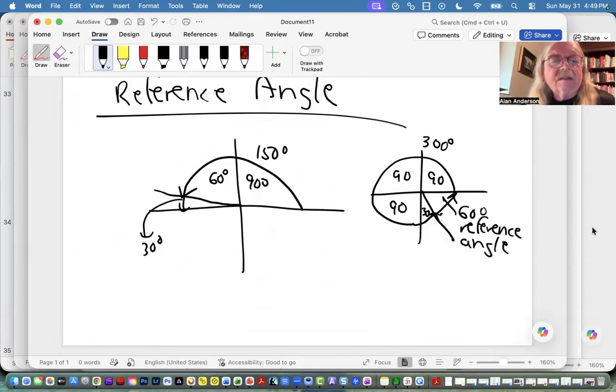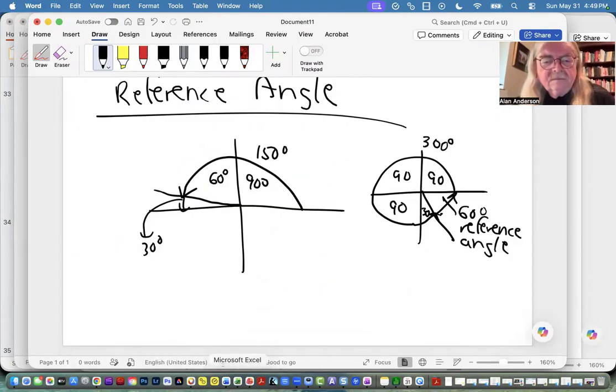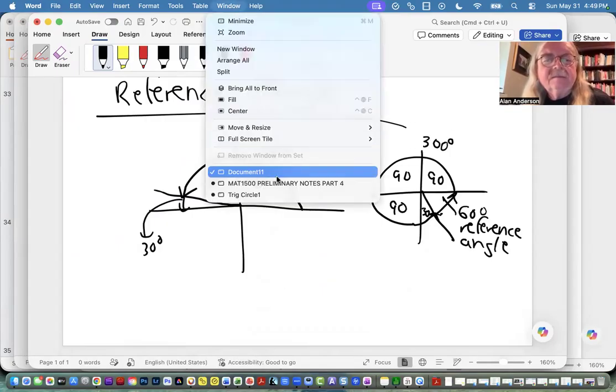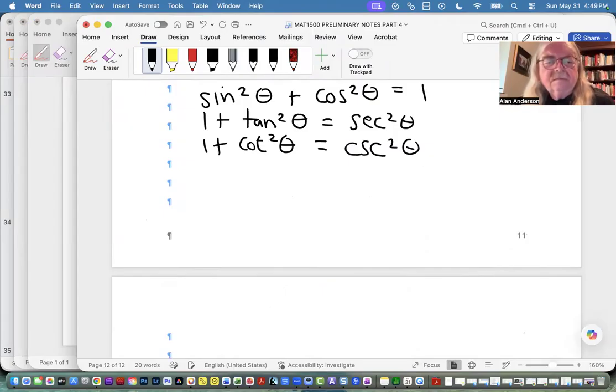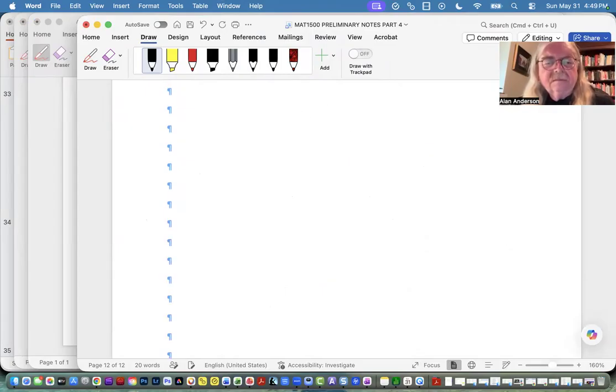Oh, I just realized I'm on a different document here. Hold on. Let me just quickly take care of this. I didn't realize I was on a different page there.